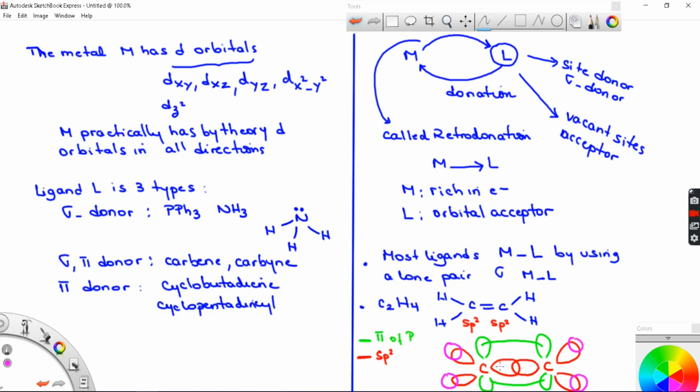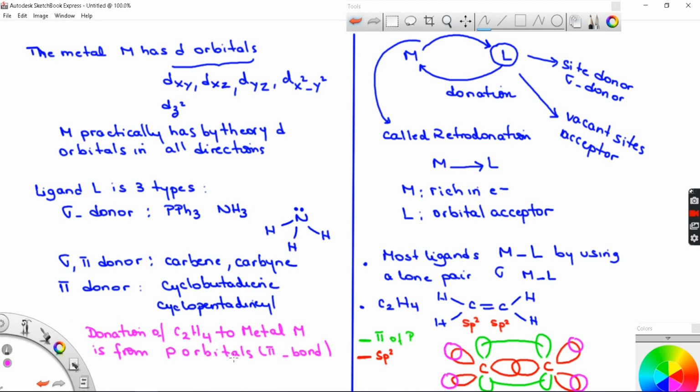So the donation of C2H4 to a metal M is from the p orbitals forming the pi bond to M. If the donation of these orbitals to the metal M is on the axis, this is a donation from p orbitals of C2H4 to M by a sigma bond.